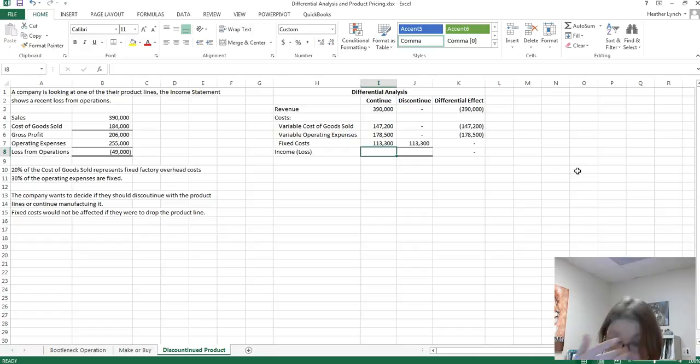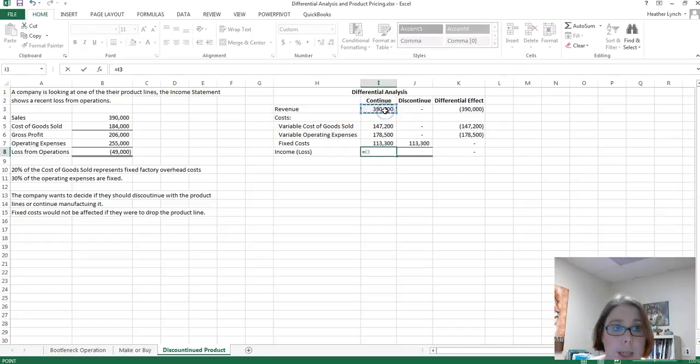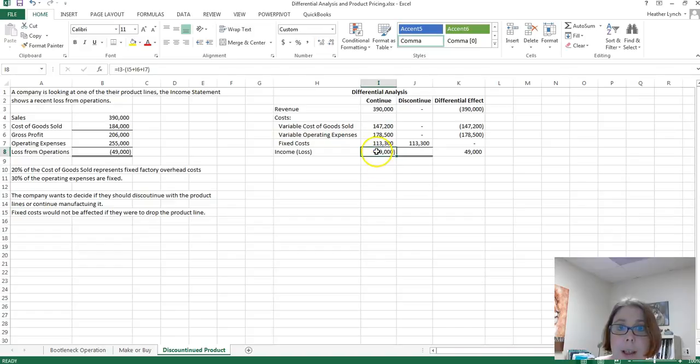Now we can look at the difference. We can take our 390 minus this, minus our expenses. Notice this right here matches.